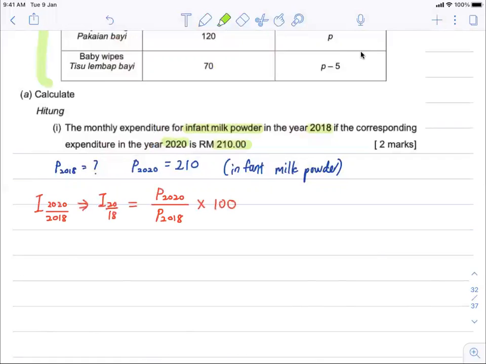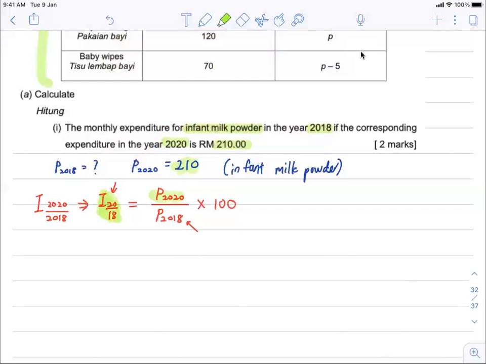So we already know this. This is what we want to find. So we need to know this thing in order to find P 2018.